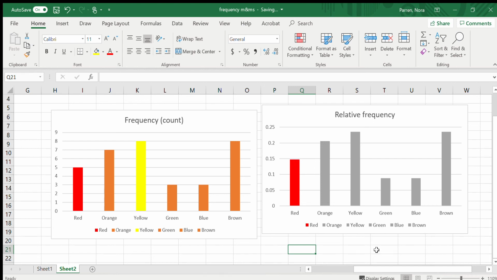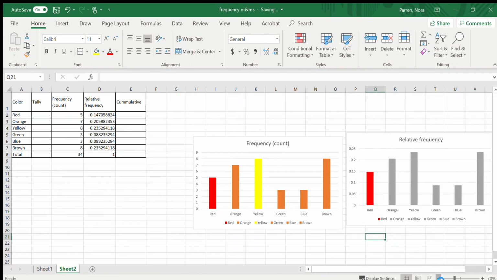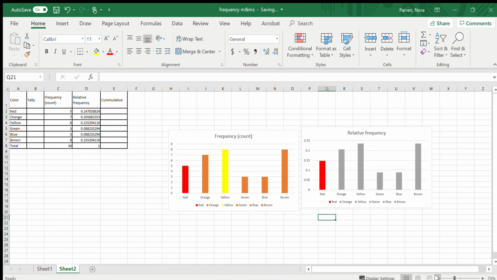And that 15% number might be a little bit more helpful when we're trying to think about how my sample relates to what might actually be going on in the population. If this was all of the information that I had, and this is all of the statistics knowledge that I had, which is probably where some of you are, you might say a reasonable guess would be that if I had a big bag of M&Ms, maybe about 15% of that bag would be red M&Ms.